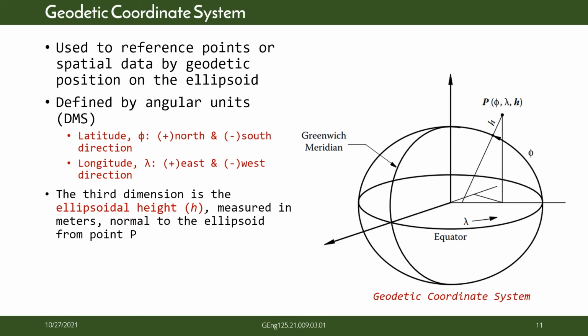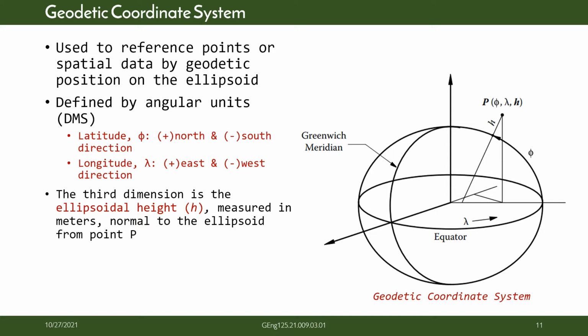Somehow we define it by degrees, minutes, seconds. So we have the latitude. For latitude, positive latitude is going north from the equator, and locations going south in direction are negative in latitude.